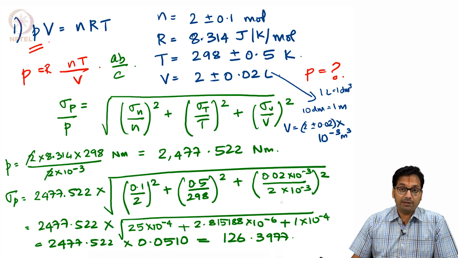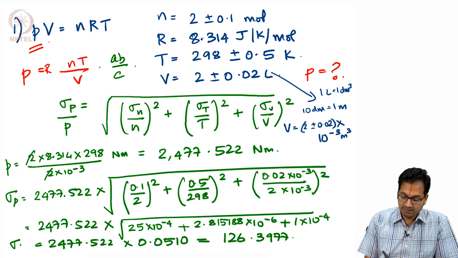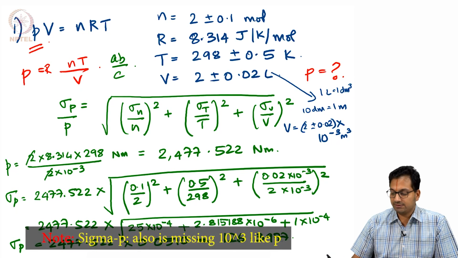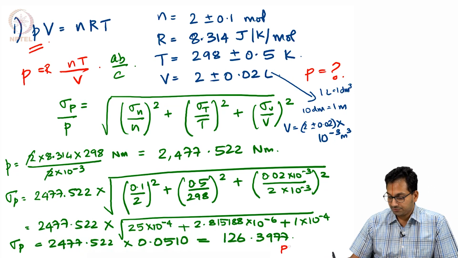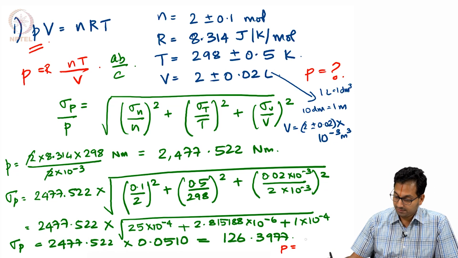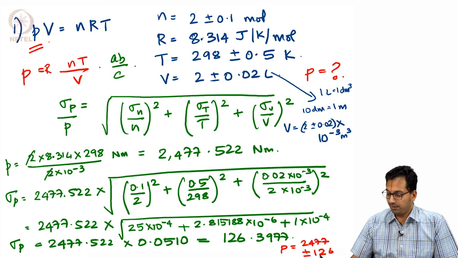So, this finally reduces itself once we are able to do the arithmetic. You see the sigma P associated is about 126.4 units. And then the final way of reporting this value would be the pressure is 2477 plus minus 126, which is how a person would provide the value.